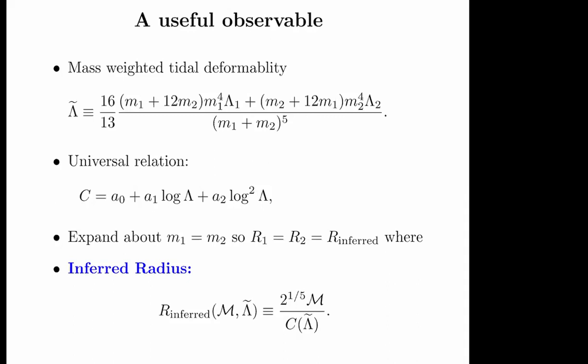So this equation for this inferred radius turns out to be a very good approximation to the radius of neutron stars if the MR curve is constant.